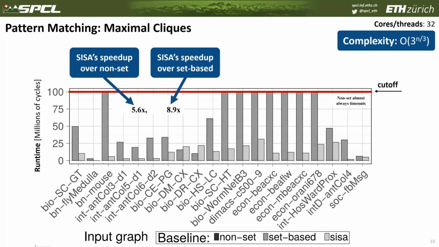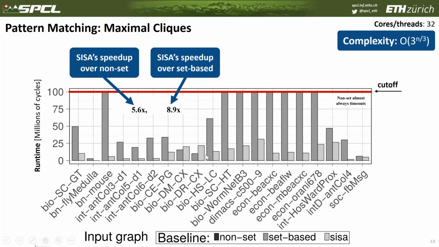And finally, we also have the very computationally hard problem of maximal cliques listing, which has very high complexity. Here we can see that the cutoff that we are using to eliminate runtimes that are too long shows that non-set is really not finishing within the time frame that we have here.